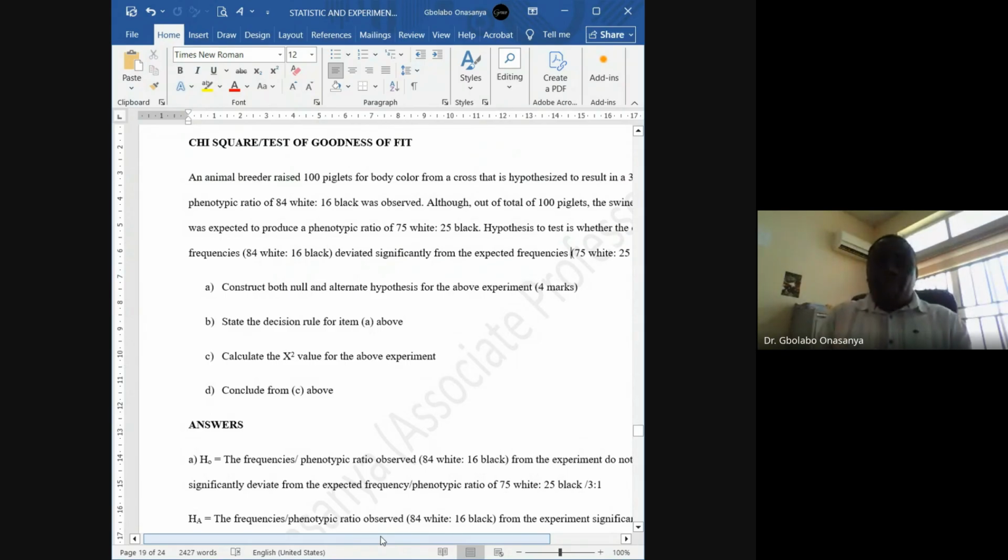Now, let me come again. What I mean is, chi-square takes goodness of fit. It establishes whether there is a discrepancy between the observed and expected. Expected is how the population is supposed to be.